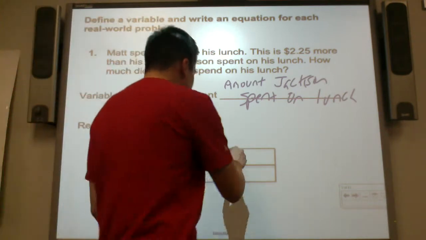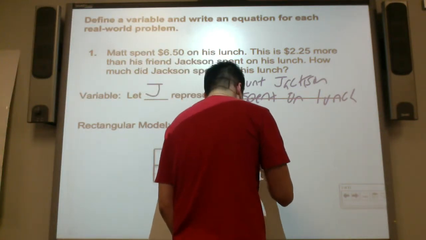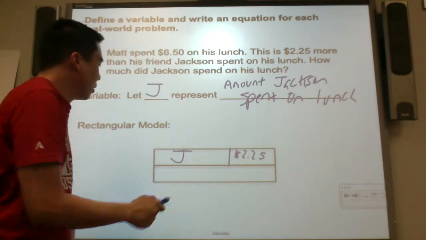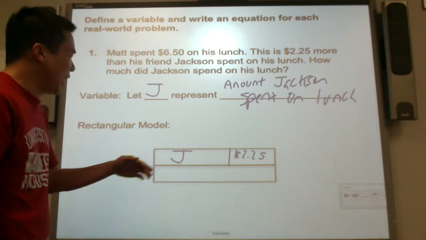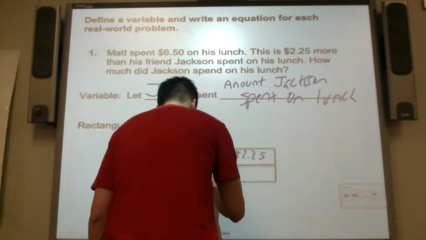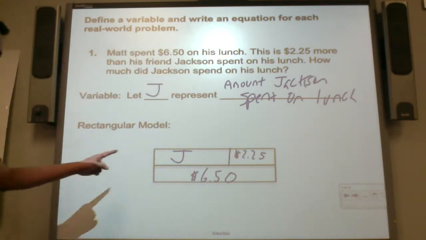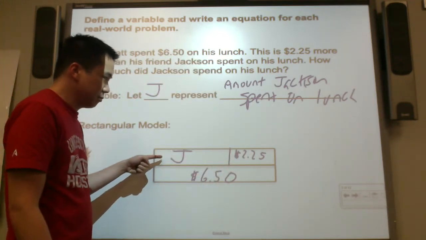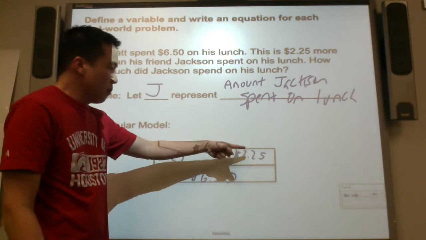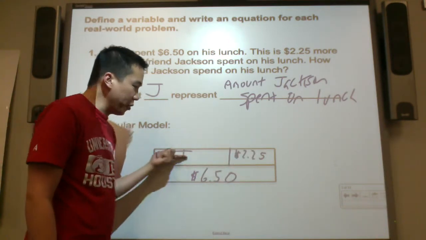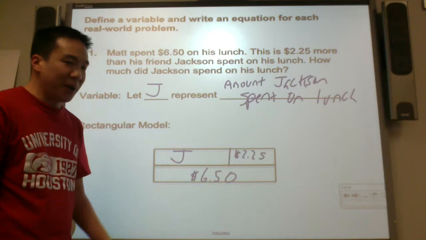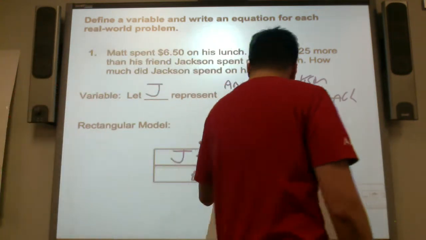So Matt spent $2.25 more than Jackson. And how much did Matt spend in all? Matt spent $6.50. So Jackson spent something. Matthew spent $2.25 more than him. And how much did Matthew spend? $6.50.